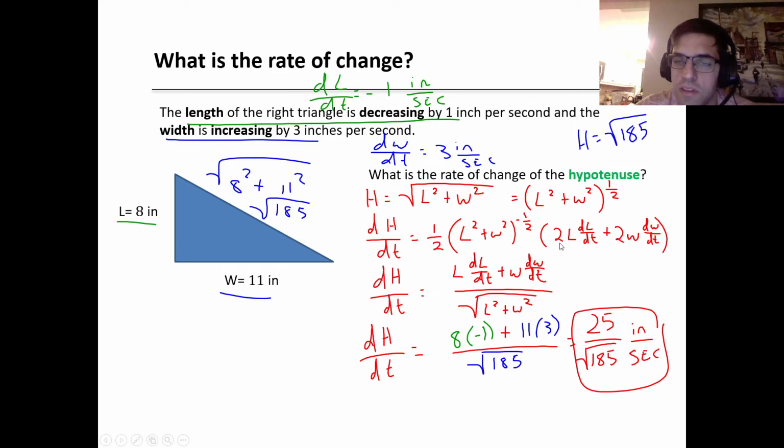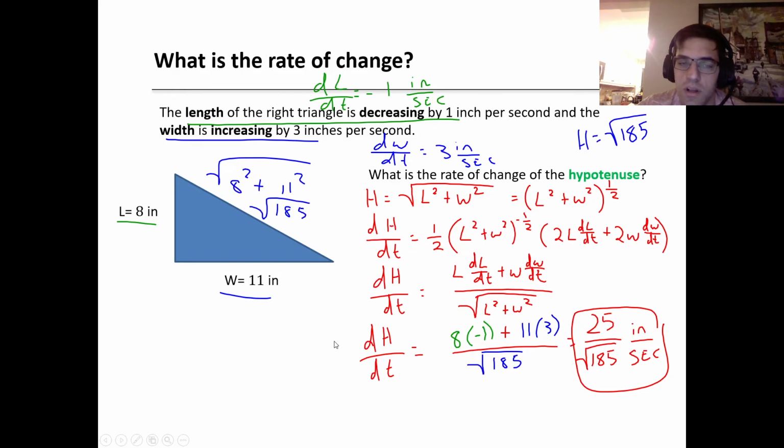The 1/2 and the 2's cancel out, so we're left with this equation if we simplify algebraically. Then we plug in our numbers for L, W, dl dt, and dw dt. We're talking about a hypotenuse, so the change is a length over time, so inches per second. It's a positive number, so the hypotenuse is getting bigger over time.